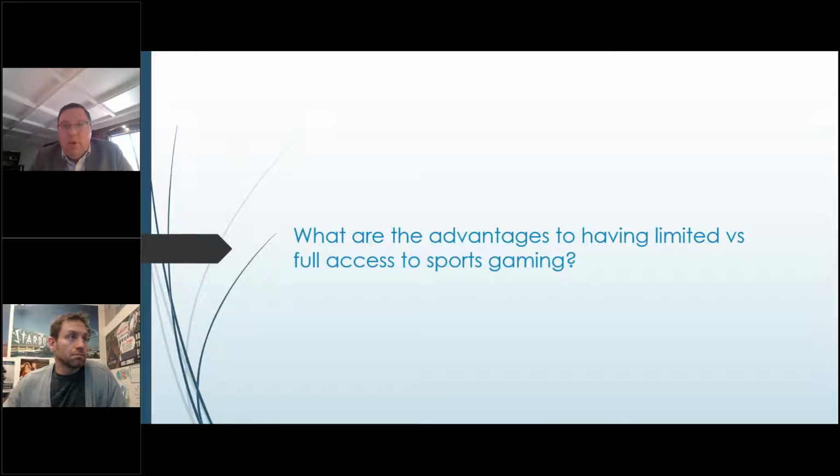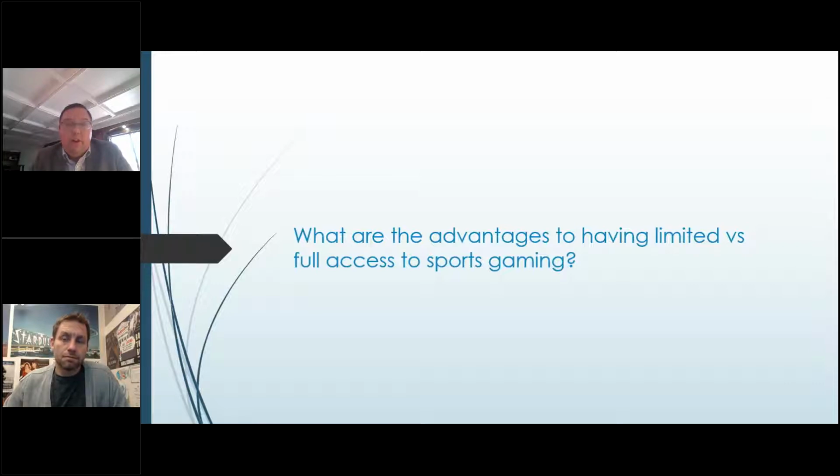But just like with slots and table games and the coming online of online gaming in some states, there are considerations to think about when you're trying to put gaming online, whether those are technological and concerns about game integrity, or access and availability and problem gaming.